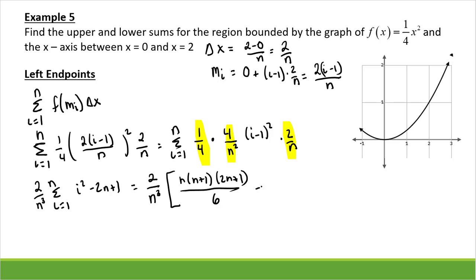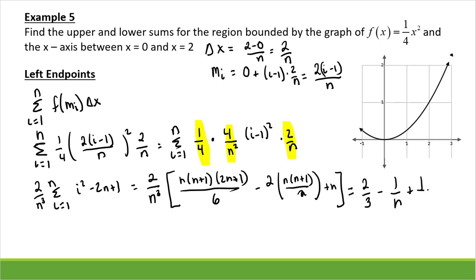Now simplifying all that out, you would get this. So that is the lower sum formula for this graph.